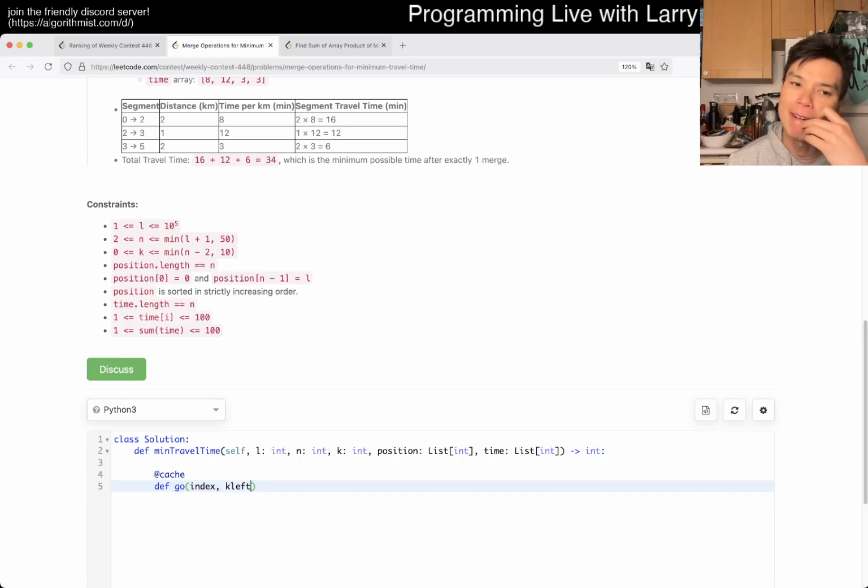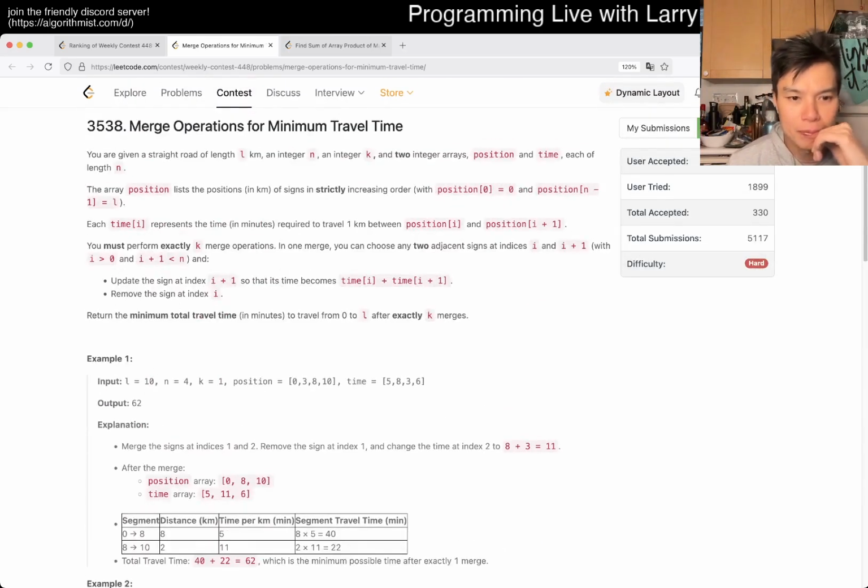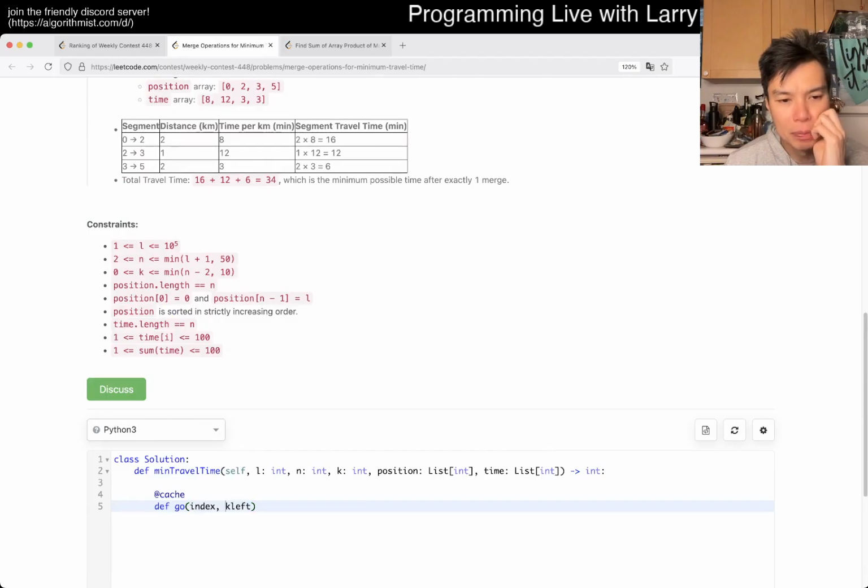Is that enough? No, because you could keep merging, right? So that's fine, right? So maybe the current merge? I don't know.